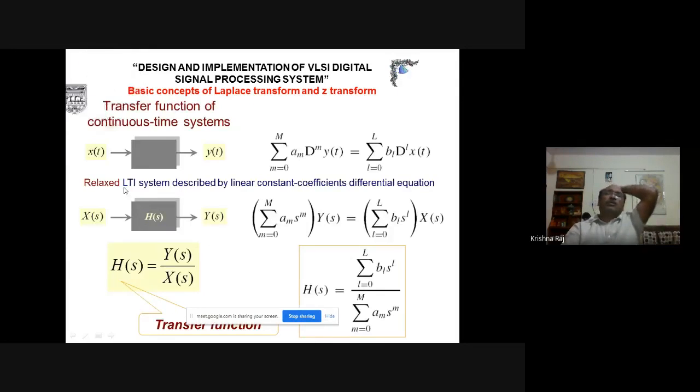Now, coming to the point, suppose there is a continuous system, x(t) is the input and y(t) is the output. Then this system will be mathematically modeled, and we have assumed that this system is a dynamic system, that is, the summation of the differentiations of the outputs multiplied by their coefficients, as we have discussed in the first lecture.